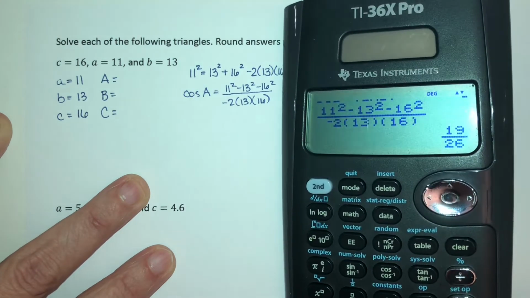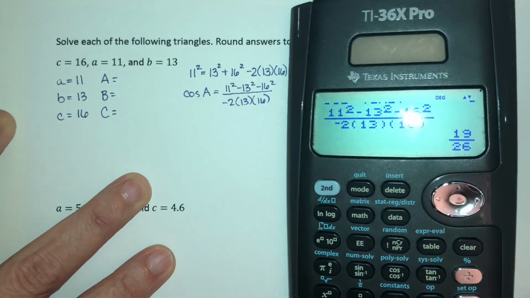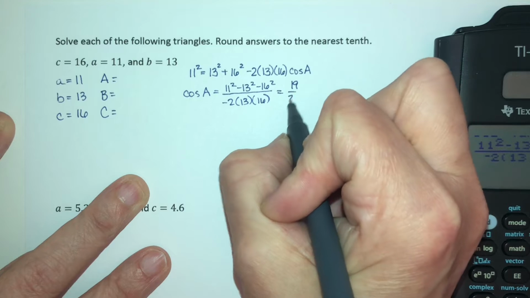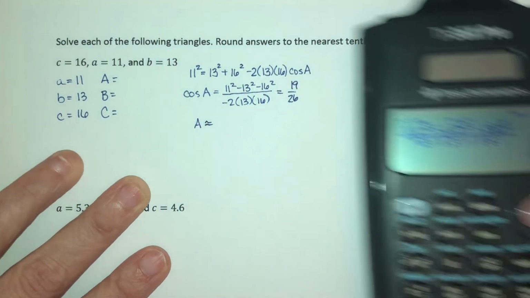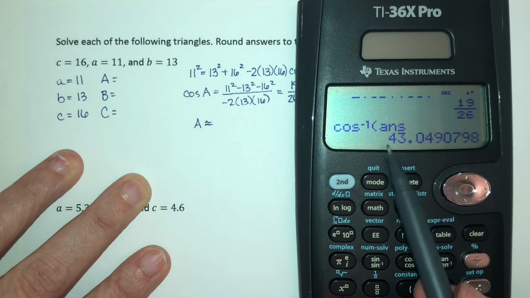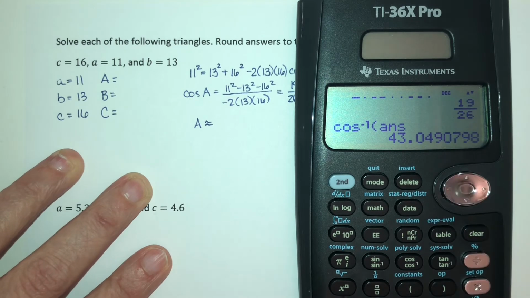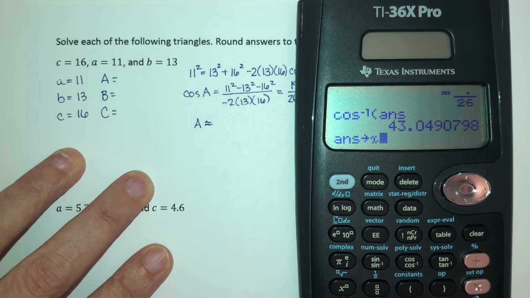Okay, and I get that it is exactly 19 over 26. And then if you find inverse cosine of that, you get that A is approximately equal to 43.0490798. I'm going to put that in memory just so that I can use it later to calculate the missing side or missing angle, and I'll have it exact.